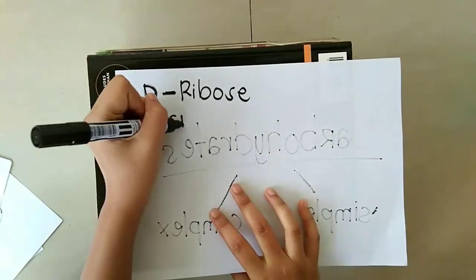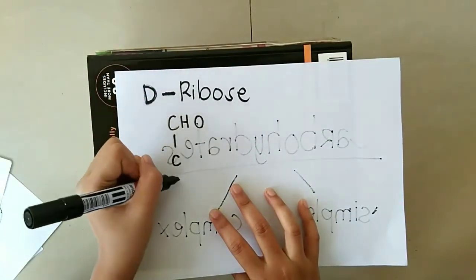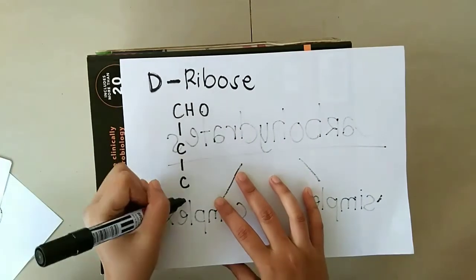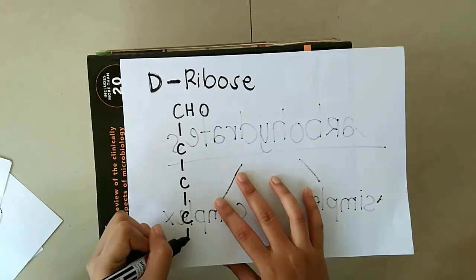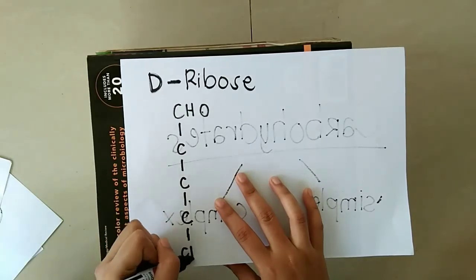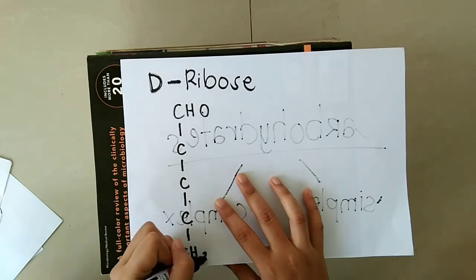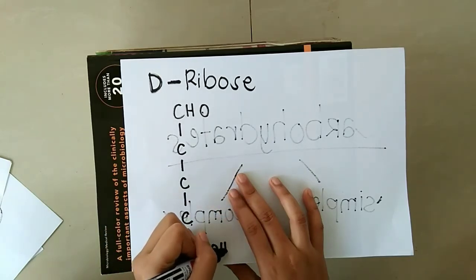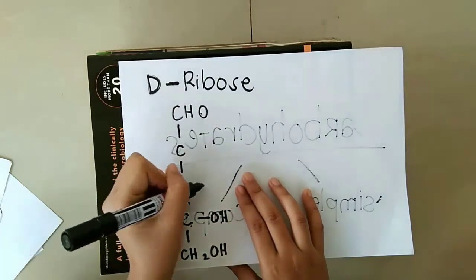The first molecular structure under the monosaccharides is ribose. Ribose is a kind of sugar that is produced by the body, and it is used as a medicine.